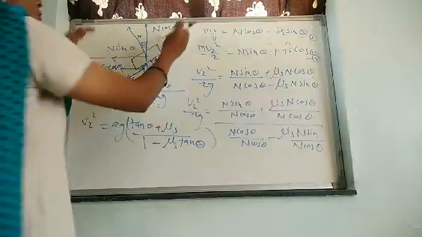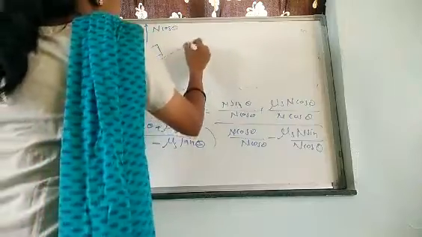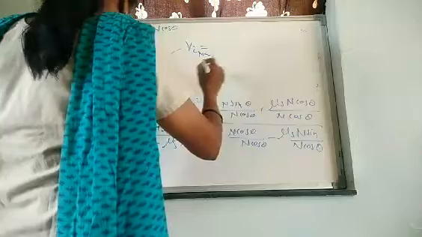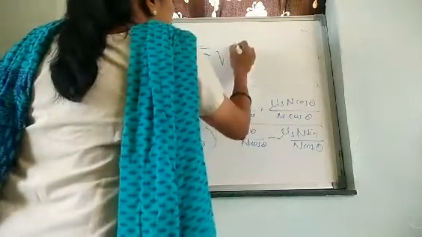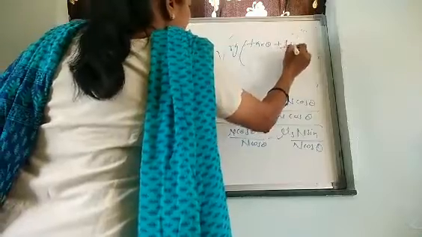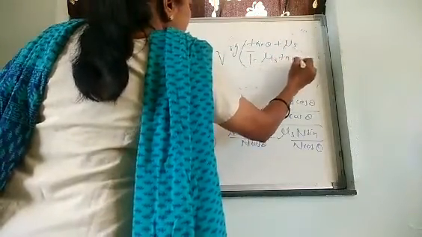That is V2 maximum is equal to under root Rg into tan theta plus mu s upon 1 minus mu s tan theta.